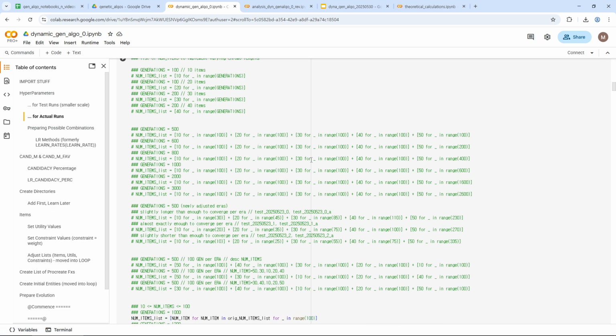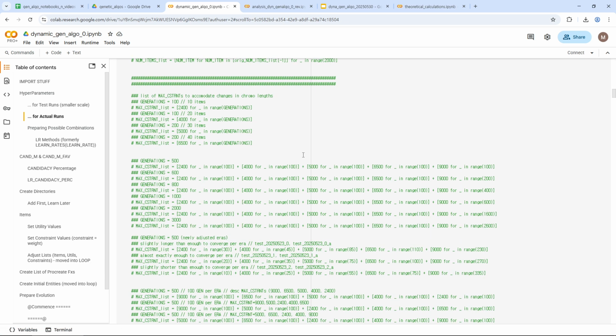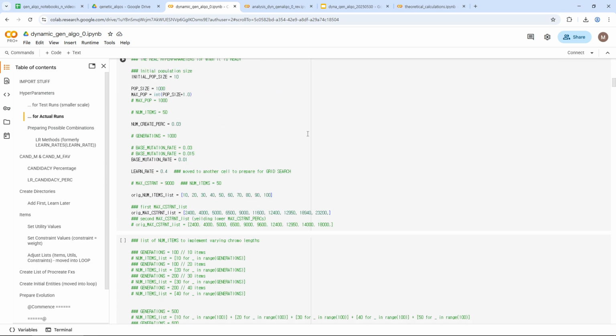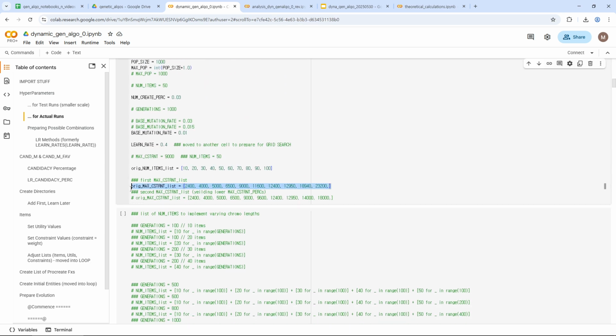Today I have 2 sets of constraint values. This is the first set of constraint values for 10 eras. Until 9,000 here, it's what we have seen so far. The next 5 are the new constraint values, and the second set of constraint values is down here, but you can see that the max constraint values are somewhat lower.